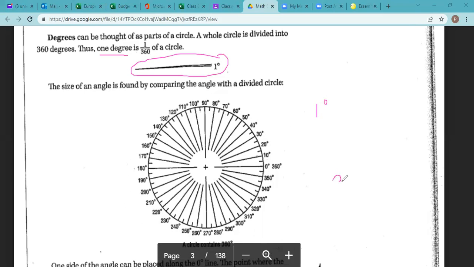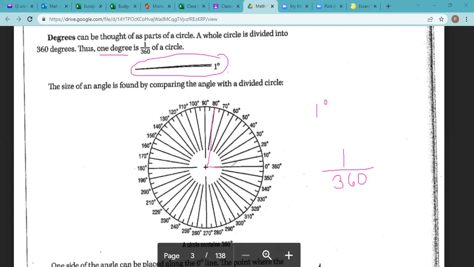We have 360 degrees or 360 parts, and we just finished up our fractions. So if we were to take 1 degree out of 360 degrees, we would write it in a fraction like this.